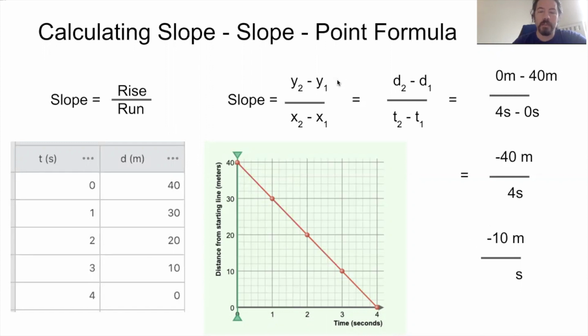So once again, it's a distance graph. If this was a velocity table, then this would not be D2, it would be V2 minus V1, okay? So you can put other letters in here. It's just, in this case, the name is distance, so we're gonna put distance. Start with D2. Now remember, we have to go with the last one.